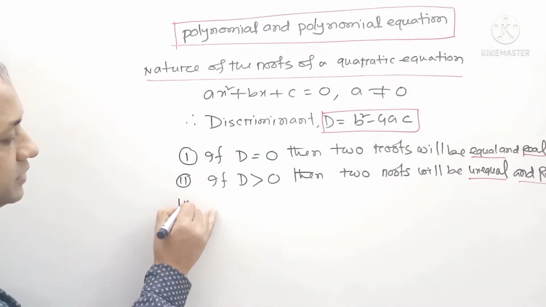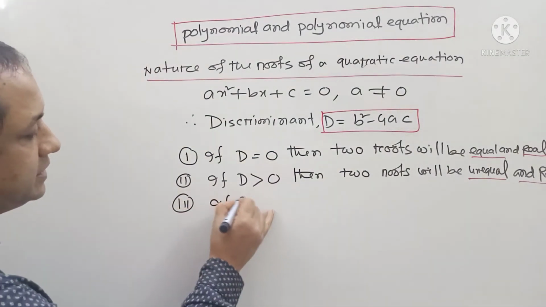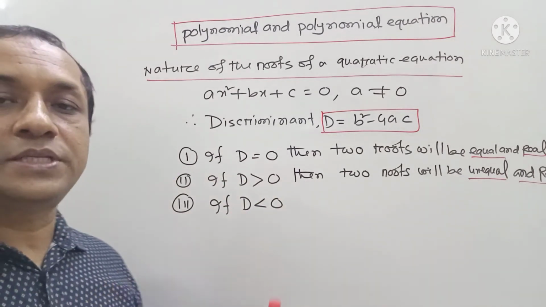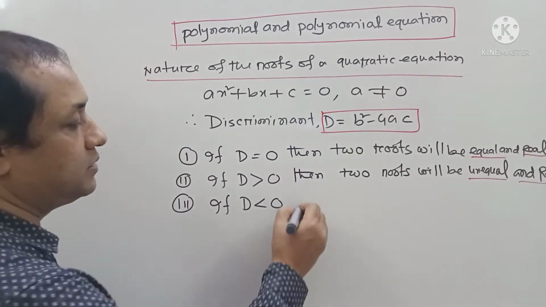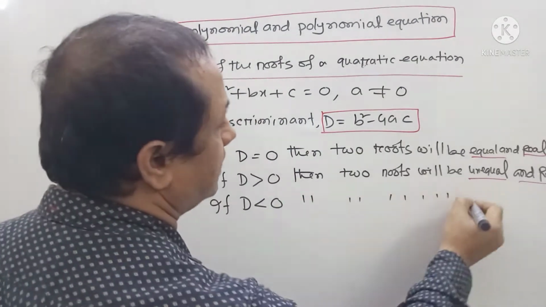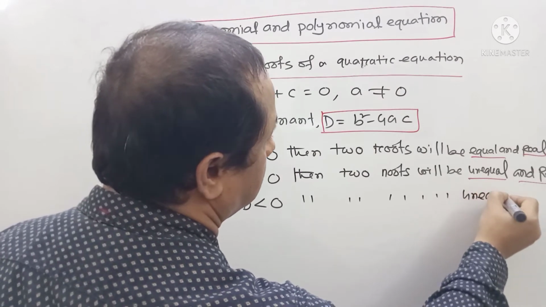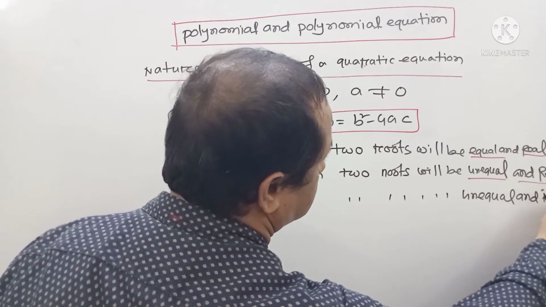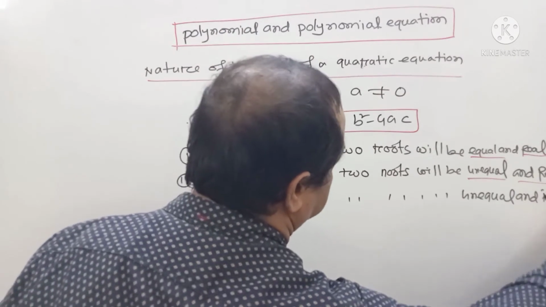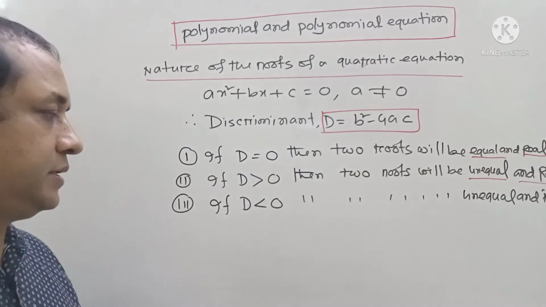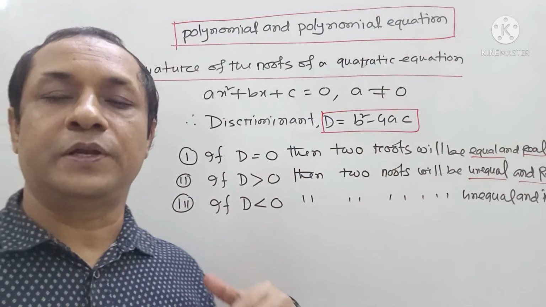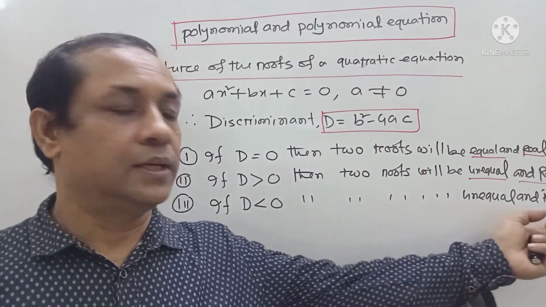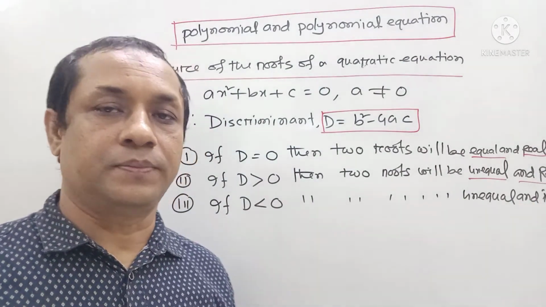Condition number 3: if d is less than 0, meaning the value of the discriminant is negative, then the two roots will be unequal and imaginary. I say again student, if the value of the discriminant is negative, the two roots will be unequal and imaginary or complex numbers.